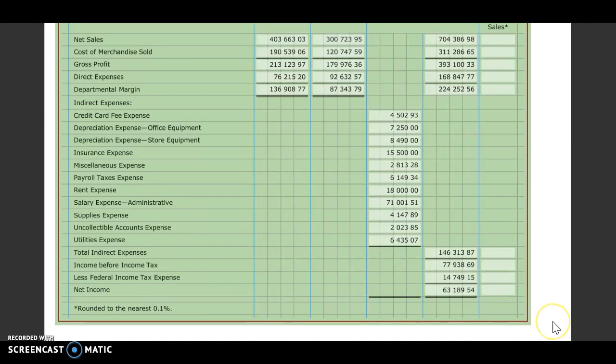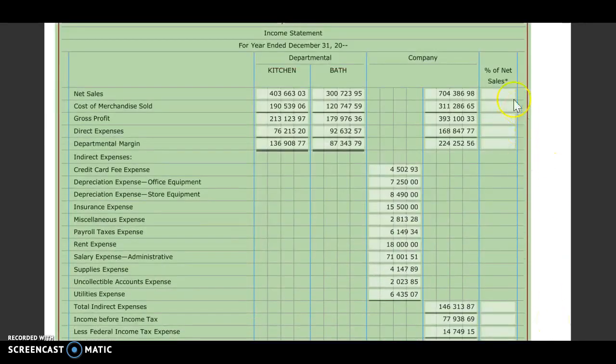Okay, so next we're going to figure out our percentage of net sales, or we're going to do our vertical analysis. Remember, my net sales is always going to be my bottom number. So here I'm simply going to take net sales divided by net sales, which will just give us 100.0. Next one. I'm going to take cost of merchandise sold divided by net sales, which will give us 44.2%.